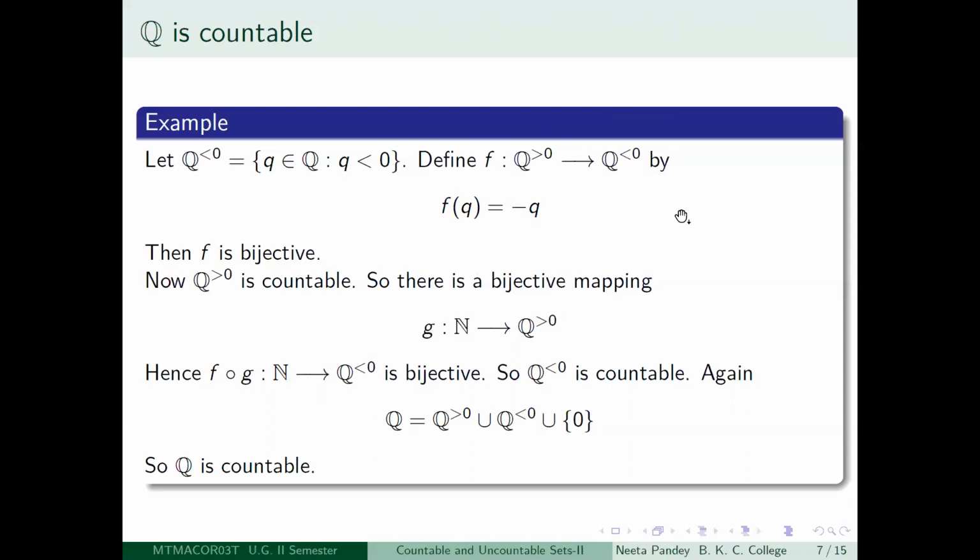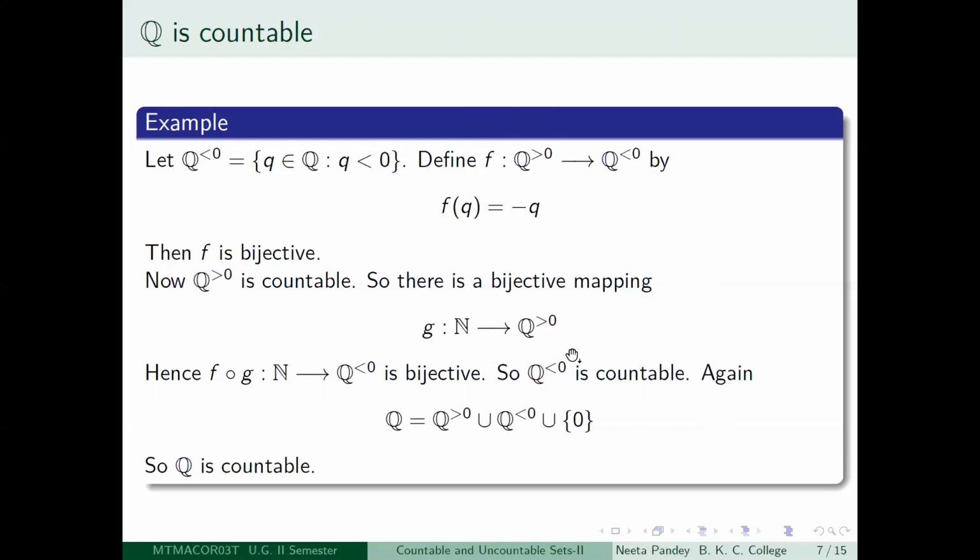We have already seen this. I have again written down in detail that since these are equipotent, and we have already seen that the set of positive rationals is countably infinite, it follows that the set of negative rational numbers is also countably infinite.